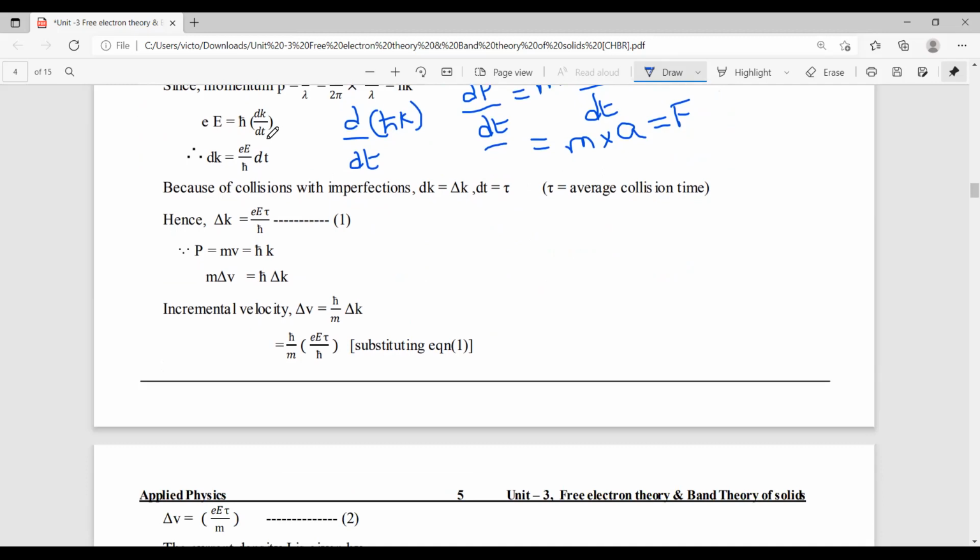Now cross multiply all the values, and we get dk equals eE dt/ħ.